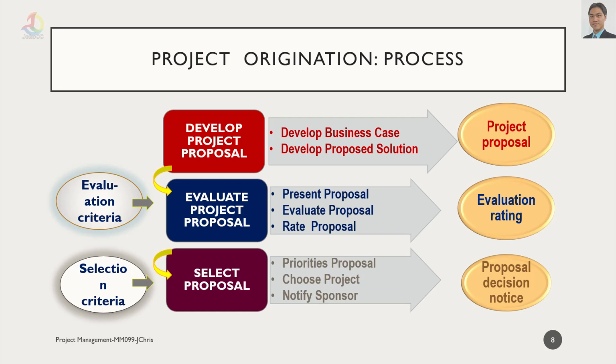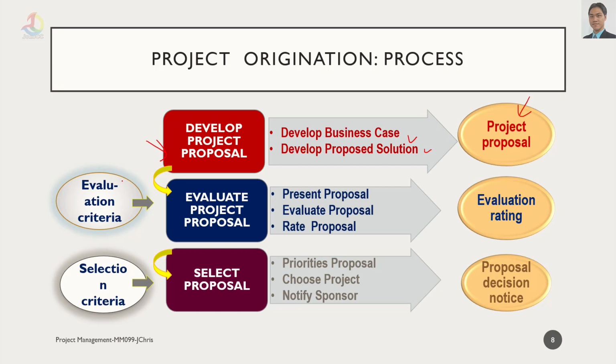So in the project origination process group, there are project proposals that we can call a candidacy for the project to get the green light. And in the project proposals, we create business case and propose solution. The output is a document that's called project proposal.